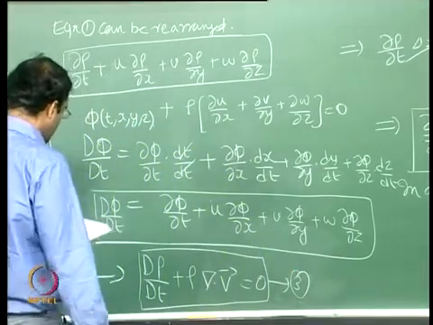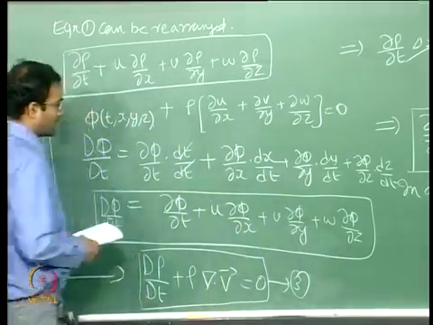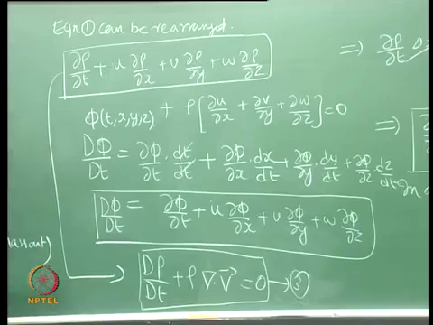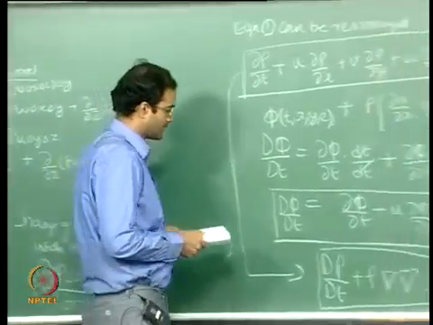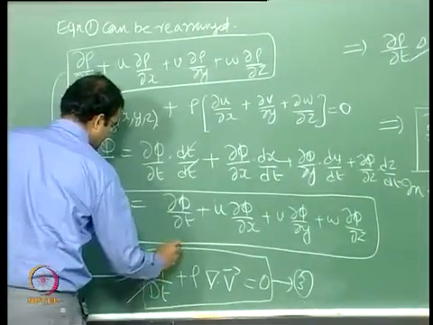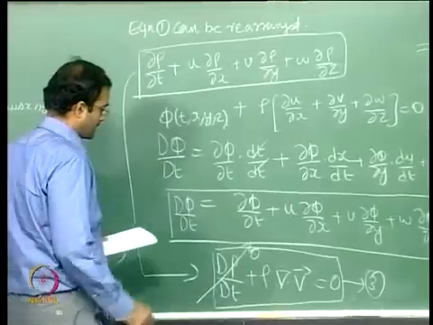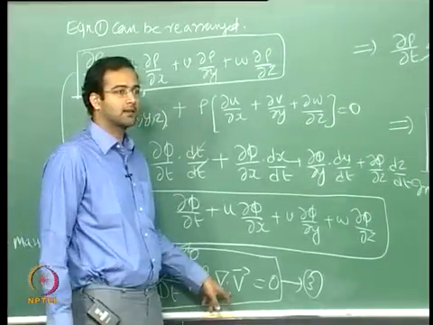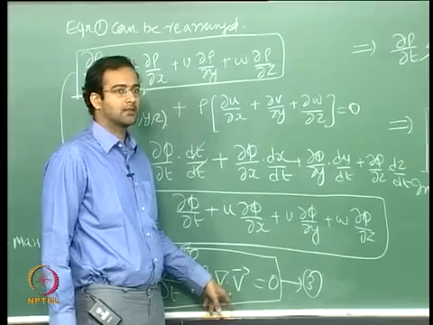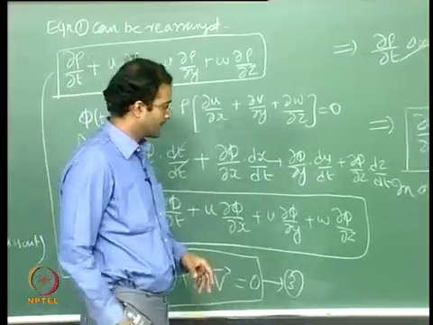Now for steady flows, where you do not look at the change in any property like velocity or the density and so on, you can neglect the change with respect to time, and therefore for steady flows you are left with the expression that the divergence of velocity is 0, or the velocity is divergence free.